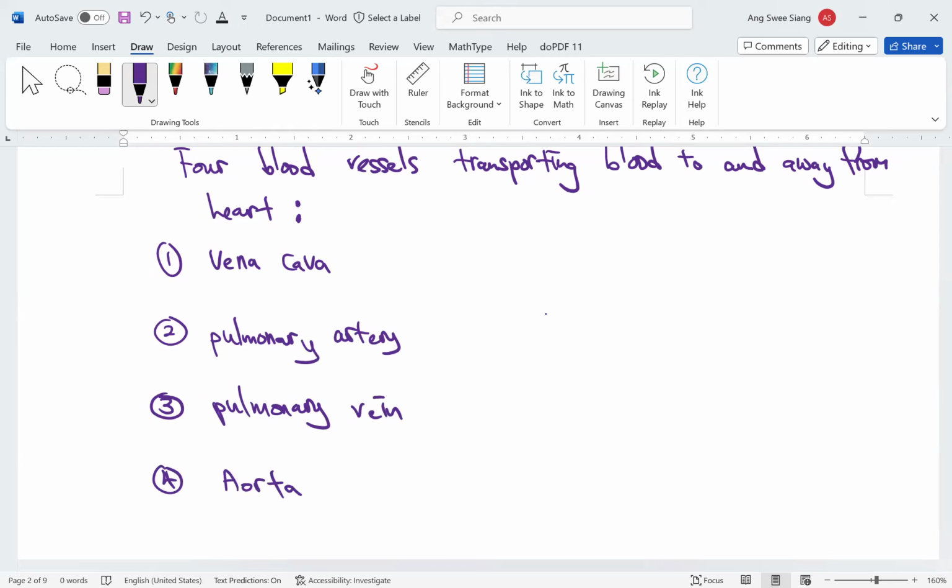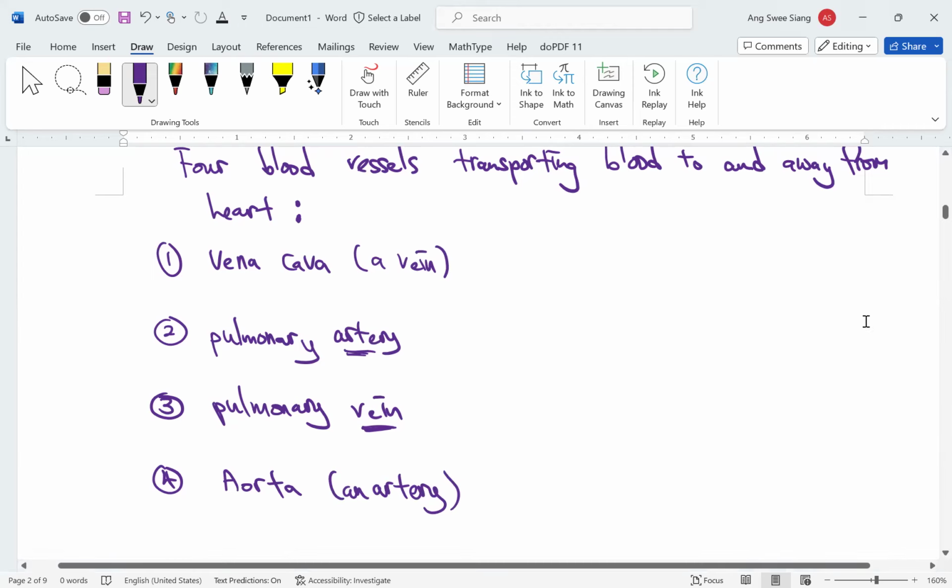From some of the names, you can tell very clearly whether it is an artery or a vein. Some of the names you cannot really tell. The vena cava is a vein. The aorta is an artery. The next thing is you need to know where the vena cava is, what its function is, and so on for the four different blood vessels.